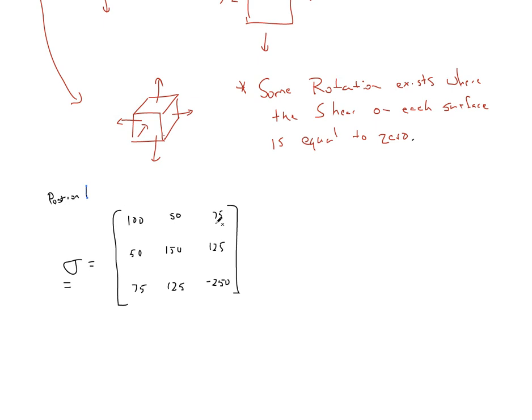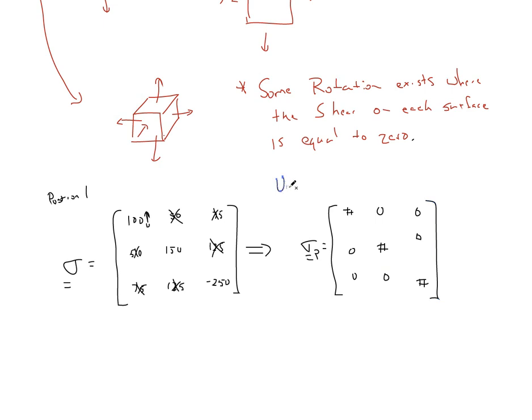So I can rotate this thing in some way where these terms all become 0. And these terms are going to either increase or decrease to some matrix that looks like, I'm going to label this as stress tensor P. This is going to be a number, and get 0, 0, 0, 0, 0, 0. How do I actually get from position 1 to this unique position of no shear?